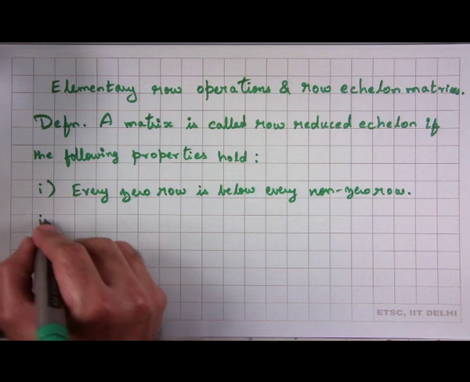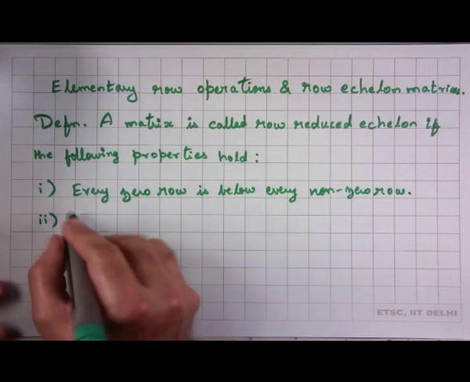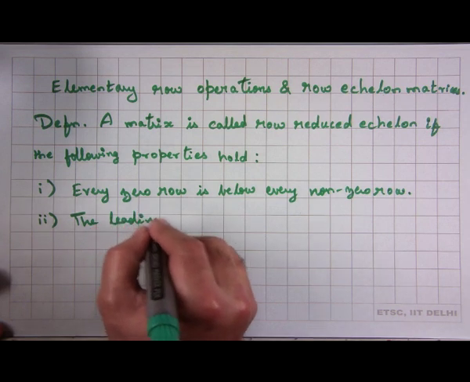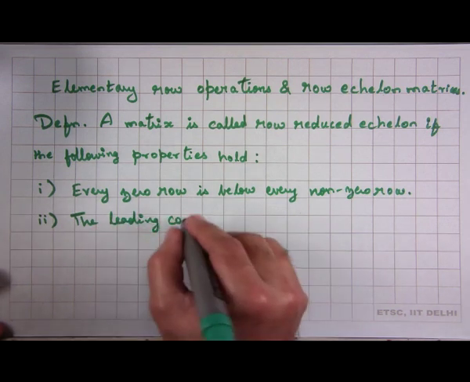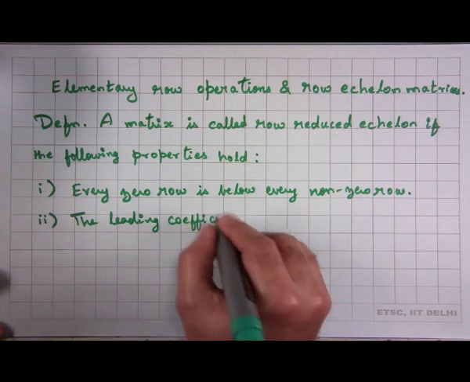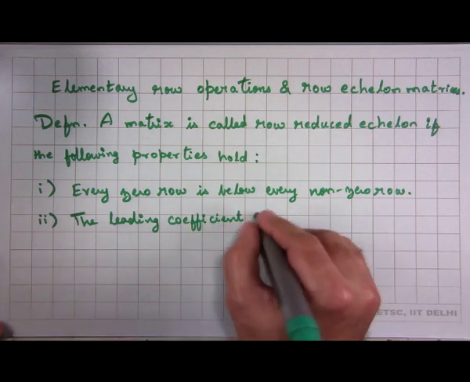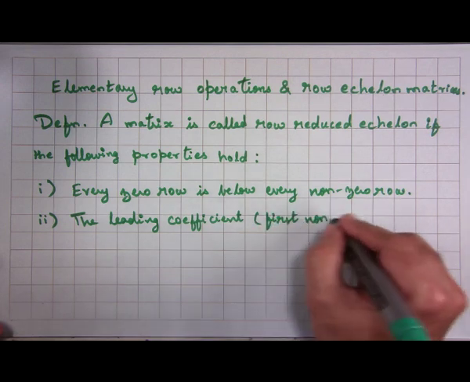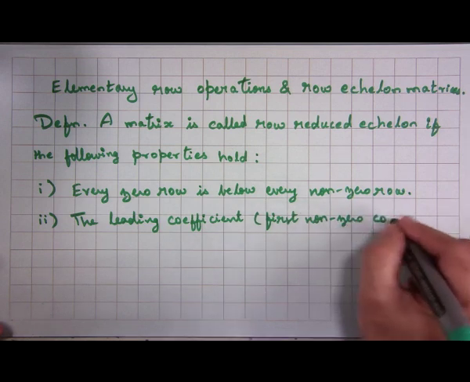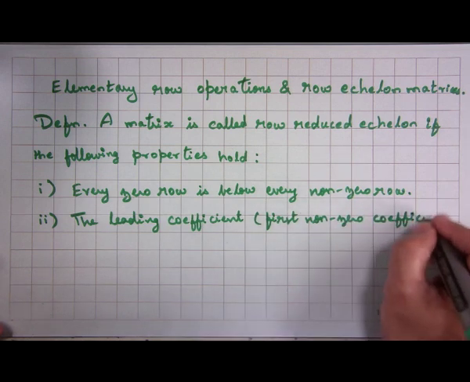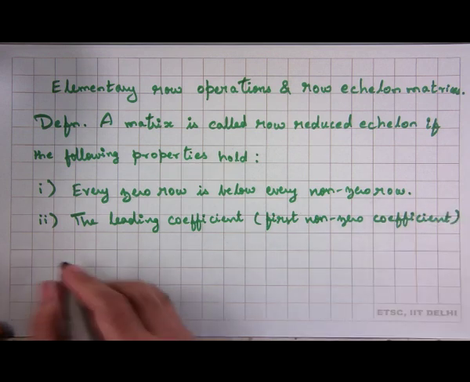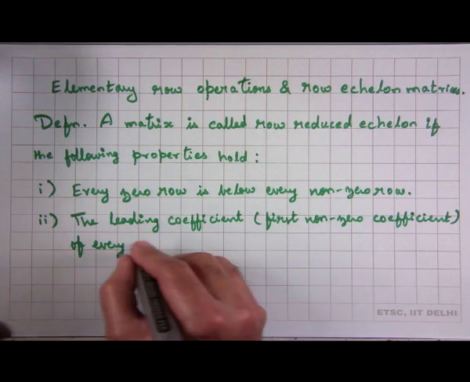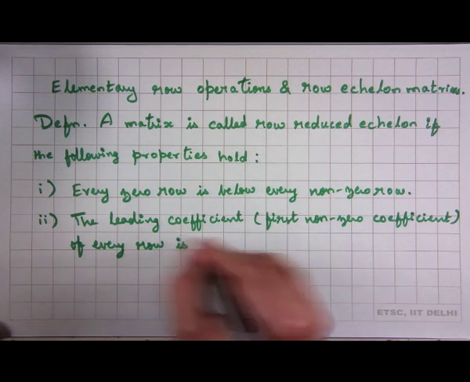Second one, the leading coefficient. What does it mean by a leading coefficient? The first non-zero coefficient of every row is 1.